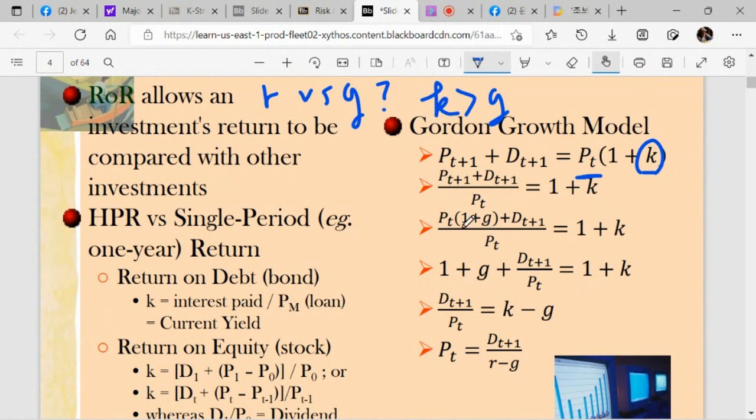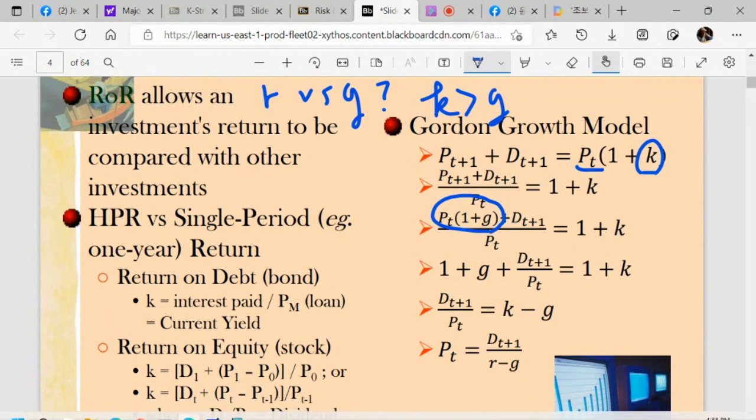So think about it. Then I can divide both sides by PT. In the right-hand side, I will have 1 plus K. In the left-hand side, I will have PT plus 1 over DT plus 1. But then what is PT plus 1? PT plus 1 is actually PT times 1 plus G. Isn't that right?